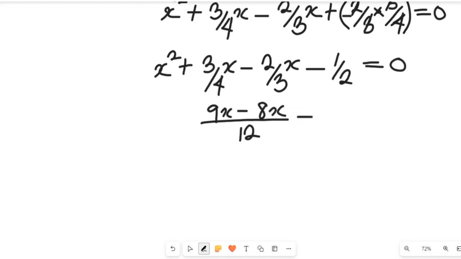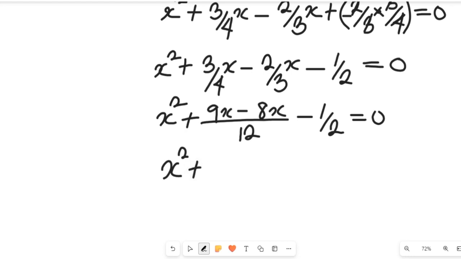And this will be minus 1 divided by 2 equal to 0. Over here we'll have x squared, we have not forgotten you, plus this. So if we simplify that, we are going to have x squared plus this minus this will give us x divided by 12, that is 9x minus 8x, and this will be minus 1 divided by 2, and this will be equal to 0.